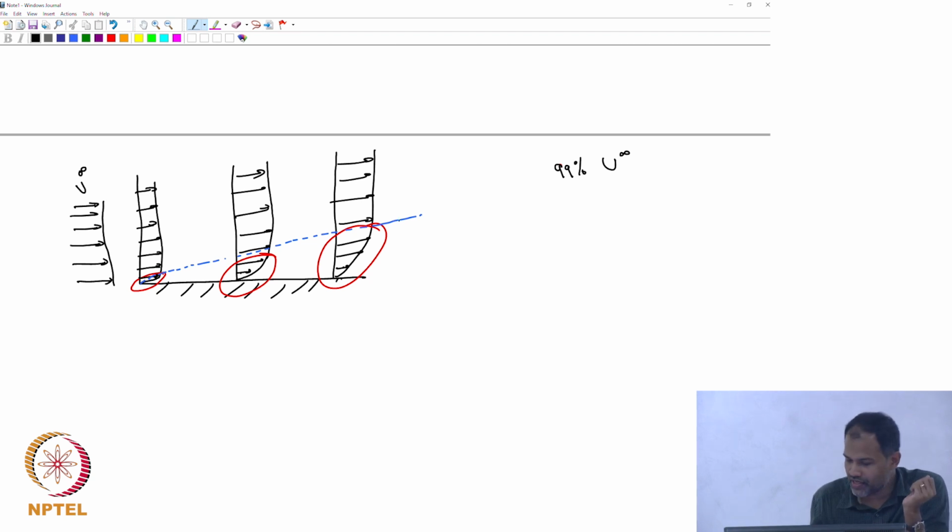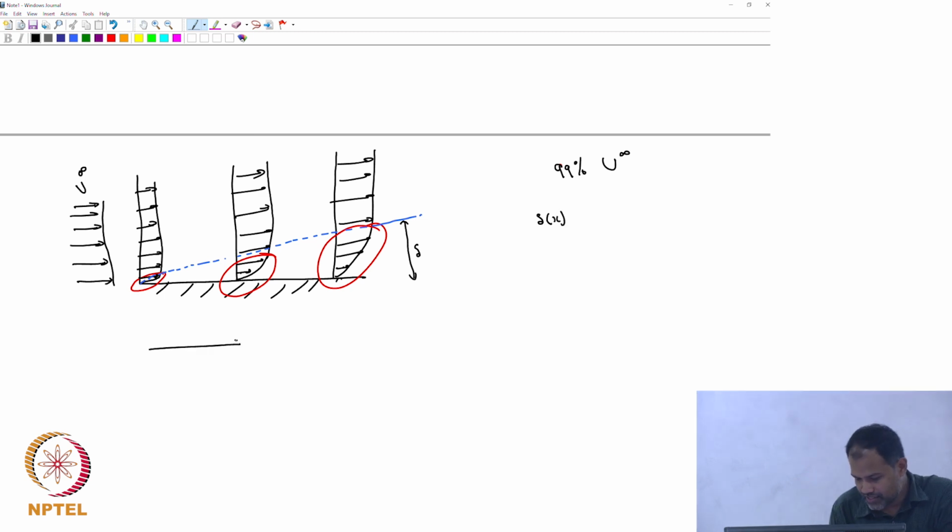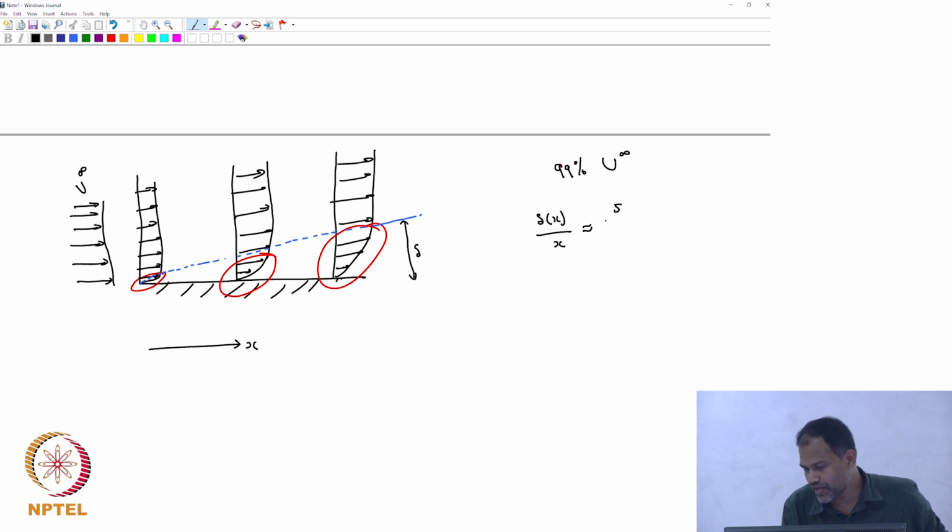Typically we denote the thickness with delta, and it turns out, which we will derive, that delta of x, with x being my x direction, divided by x is approximately equal to 5 divided by the square root of Re_x.